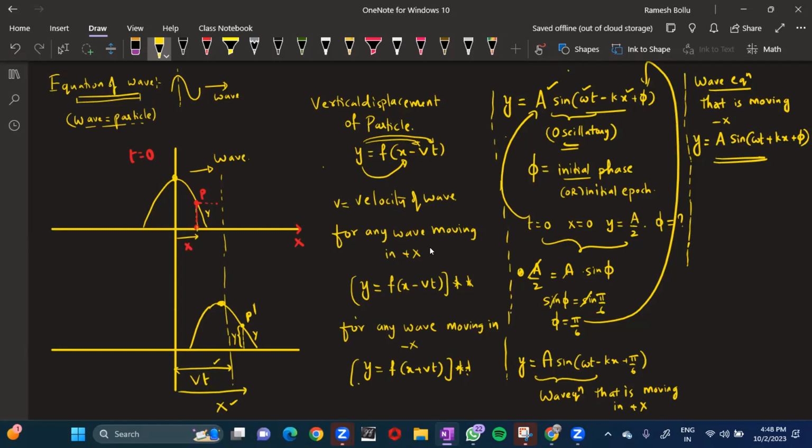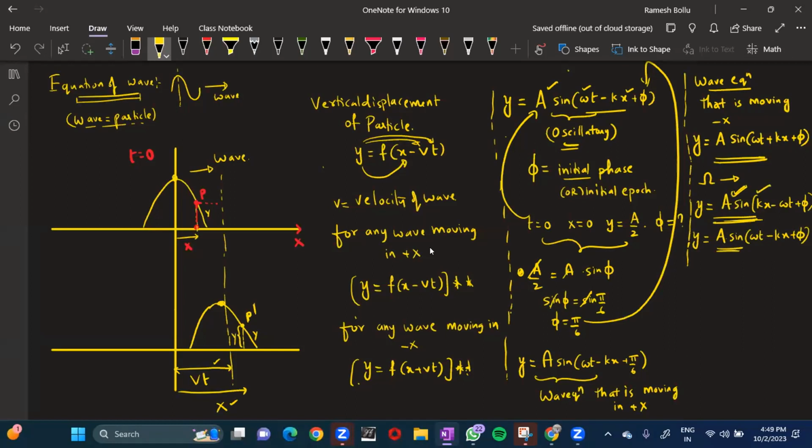In some books, for any wave moving in the positive x direction, they will write y equal to A sine of (kx minus omega t plus phi). Nothing will happen, children. This is also correct. But if you take this into consideration, throughout the analysis you have to take this equation only. And if you want to take omega t minus kx plus phi, throughout the analysis you can take this also. But you should stick to any one concept.